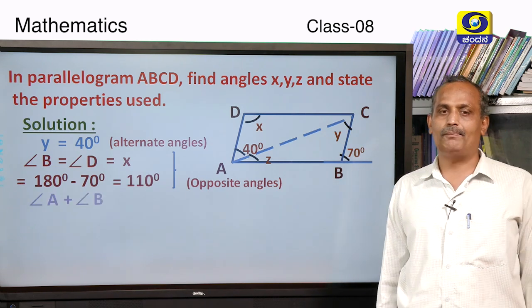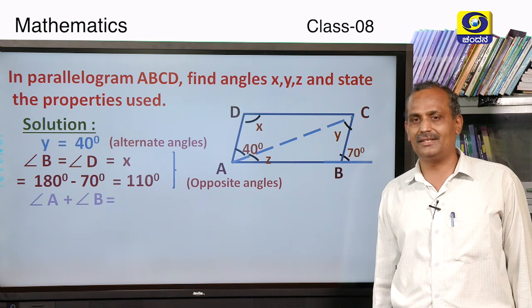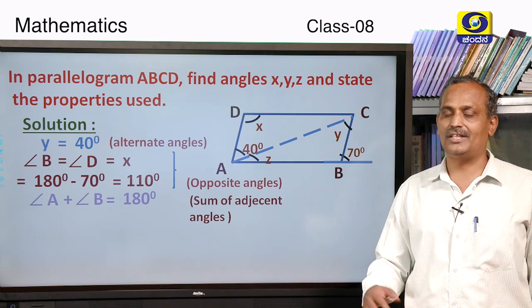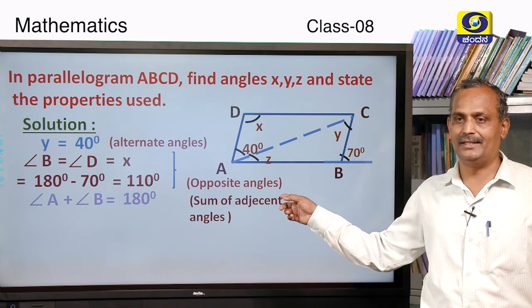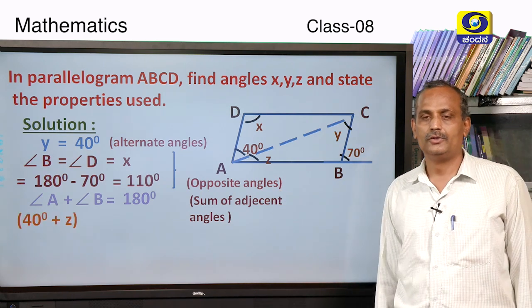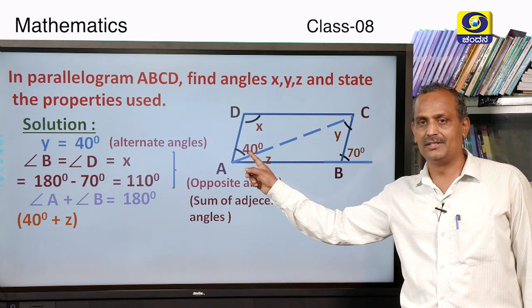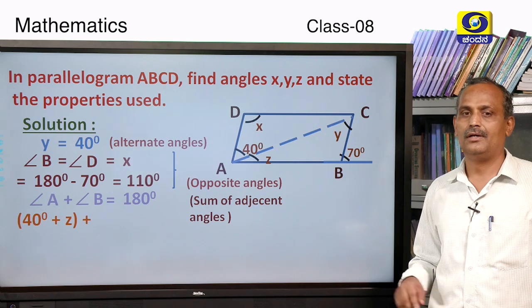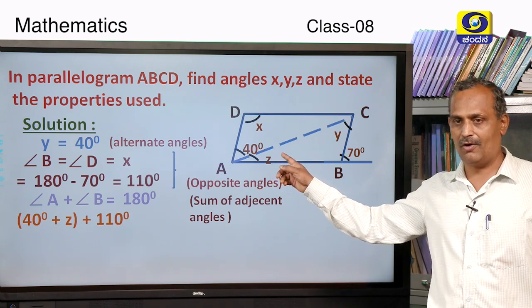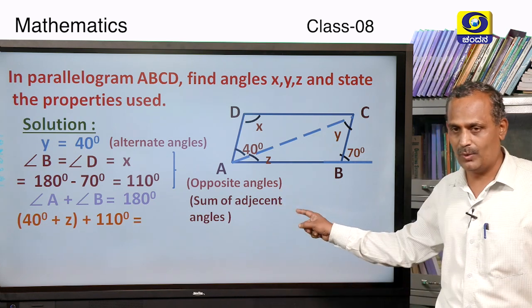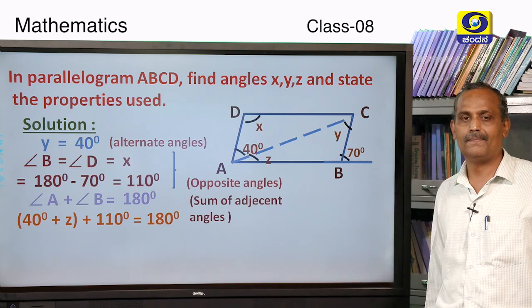So, angle A plus angle B is nothing but 180 degree because adjacent angles of a parallelogram, it is 180 degree. So, what is angle A? Angle A as shown, it measures 40 plus Z. What is angle B? If we have found it as 110 degree, it is equal to 180, you can easily find it.